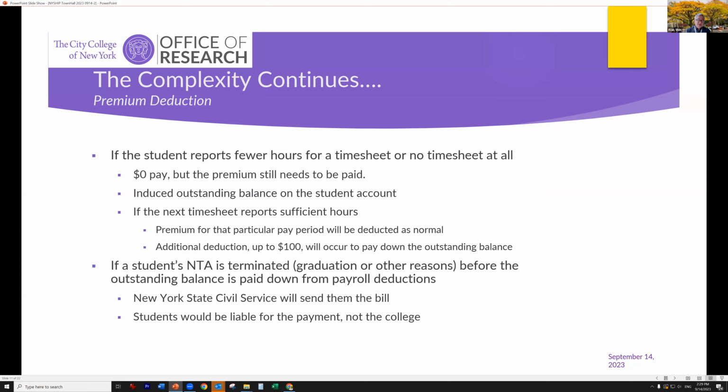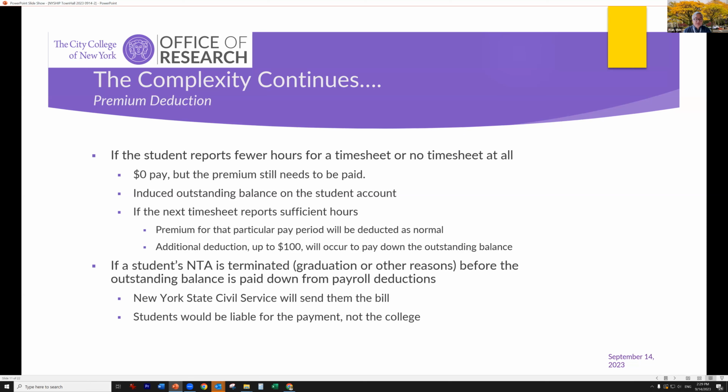They will correct the outstanding balance only up to an additional $100. So if they have $110 in outstanding balance, the 3rd paycheck will deduct the premium for the 3rd pay period, and then deduct $100. So they still have $10 of outstanding balance, and that will be corrected on the 4th pay period when they submit the next timesheet, and so forth.